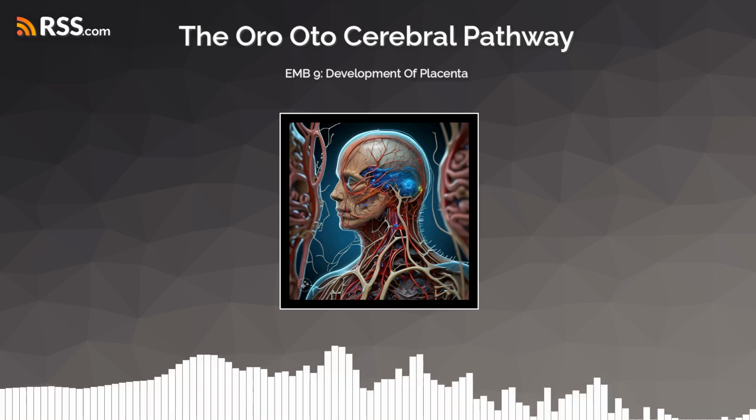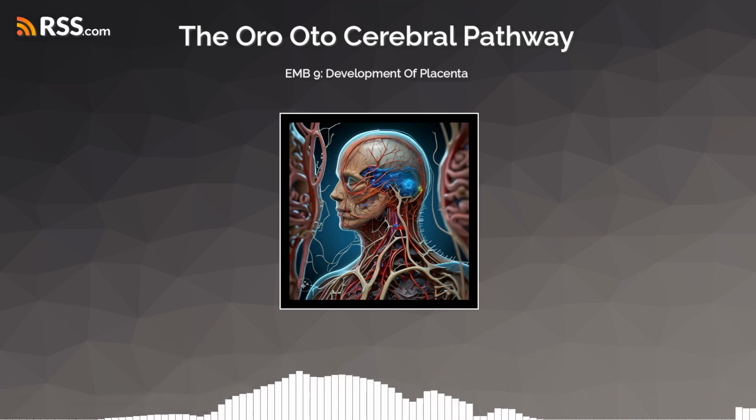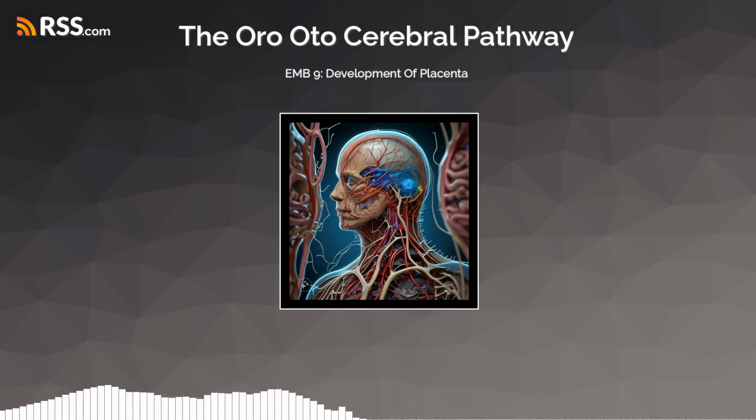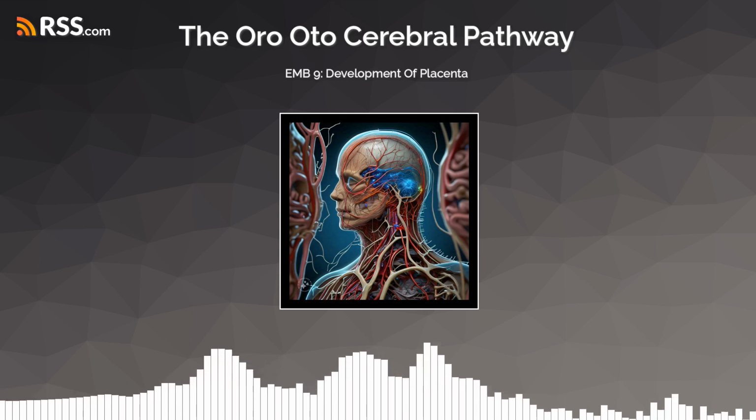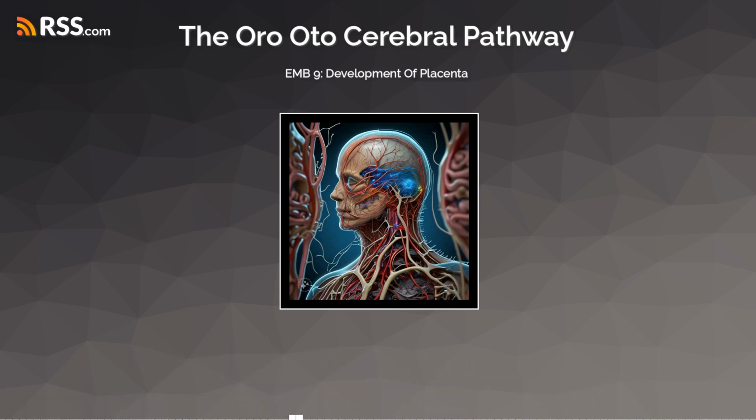It also secretes progesterone as well as estrogen. And to top it all, it also produces somatomammotropin, which modifies the metabolic status of the mother to facilitate the energy supply to the developing fetus.